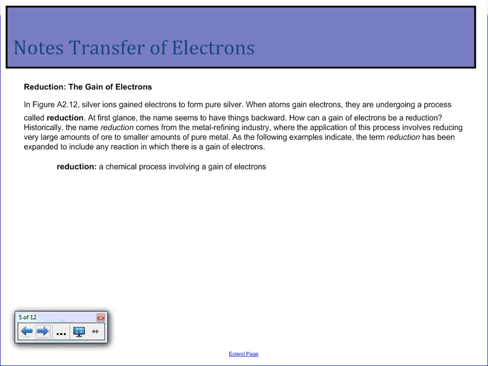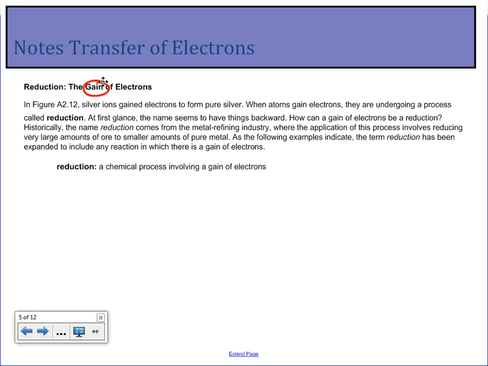So reduction, this is the gain of electrons. In that previous figure, the silver ions gain electrons to form pure silver. When atoms gain electrons, they undergo a process called reduction. At first glance, this seems to have things backwards. How can a gain of electrons be a reduction?